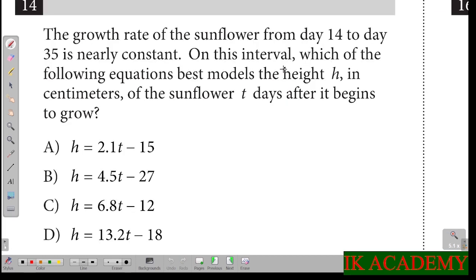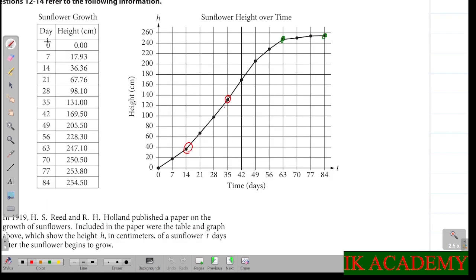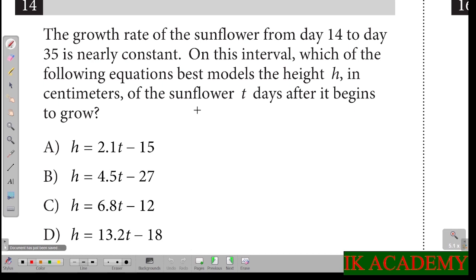On this interval, which of the following equations best models the height h in centimeters of the sunflower t days after it begins to grow? So if I find the slope of the line from day 14 to 35, I can find the equation.